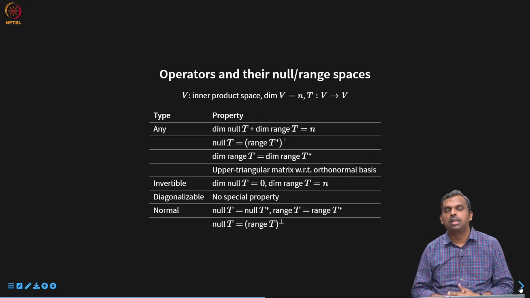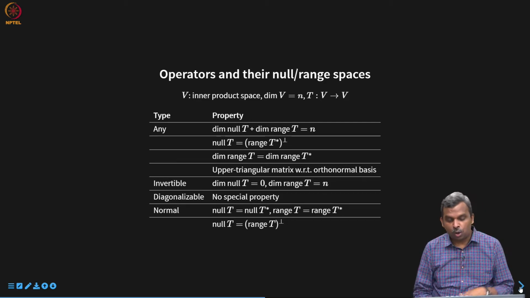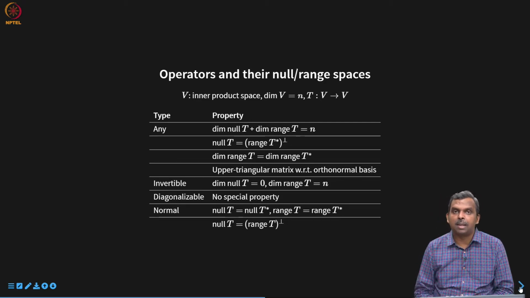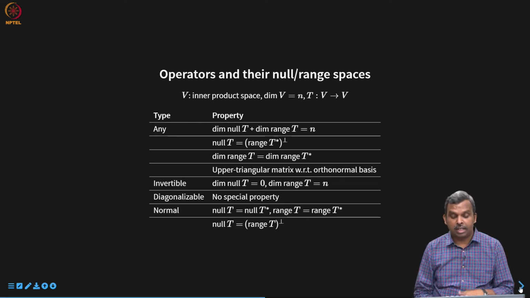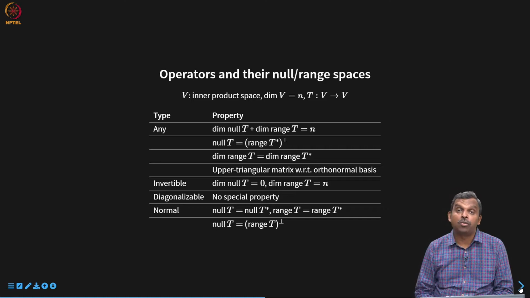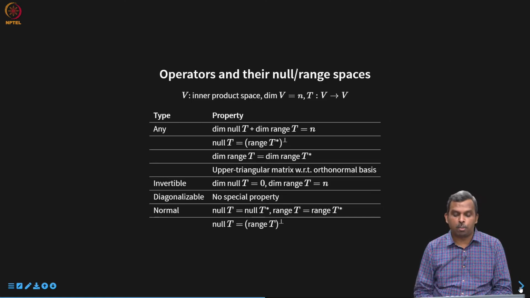So it's almost similar in some sense, right? T T star is T star T, and you see a lot of things about T and T star become the same once it's normal, right? Null space is the same, range space is the same. In fact, null is the orthogonal complement of the range for a normal operator. So these are all nice points to remember.